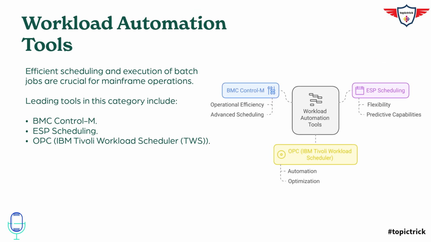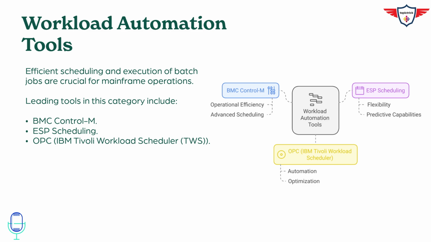And to manage this intricate dance of tasks, we have tools like BMC Control-M. So Control-M is like the master conductor, ensuring that all these tasks are executed in the right order and at the right time. Exactly. It's all about automation and optimization. Control-M helps to streamline those processes, making sure that critical tasks are completed efficiently and without manual intervention.